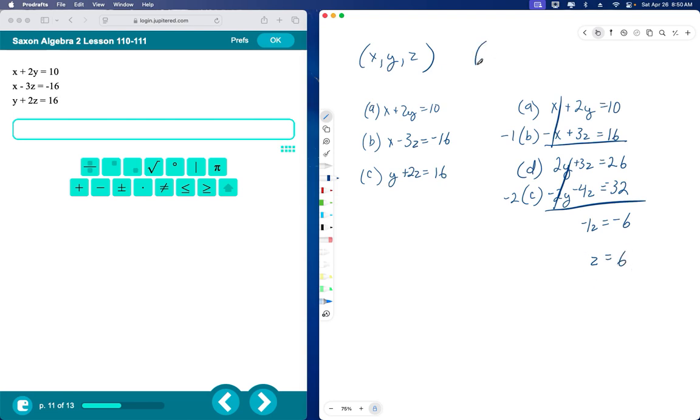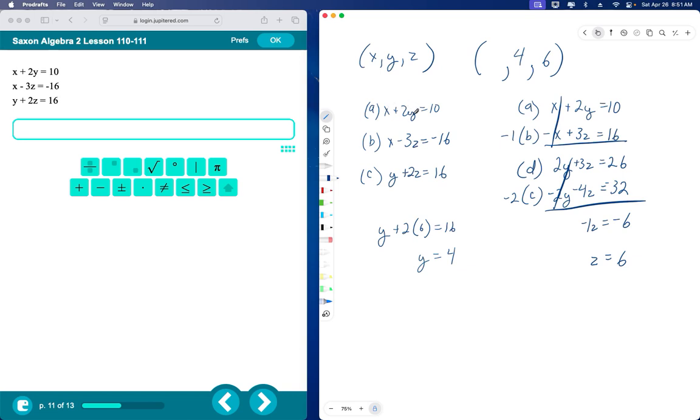So in my solution, 6 goes here. Now I can solve for y by putting z in here. So y plus 2 times 6 equals 16. This is 12. Take 12 from both sides. Y is equal to 4. So 4 goes here.